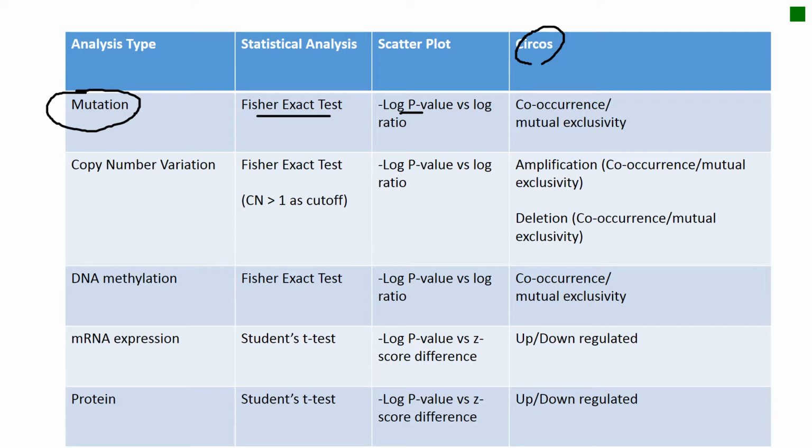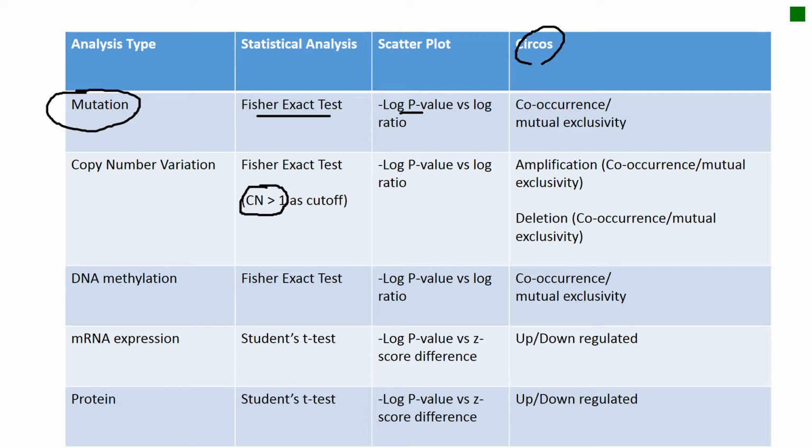So you can use a copy number more than one or less than one as a cutoff to indicate whether that particular case has amplification or deletion. In general in the TCGA, if it is 0, that means there's no copy number variation. If it is 1, it is probably one of the alleles being amplified. If it is 2, it could be homozygous amplification, and more than 2 means you have amplification of more copies of the particular gene.